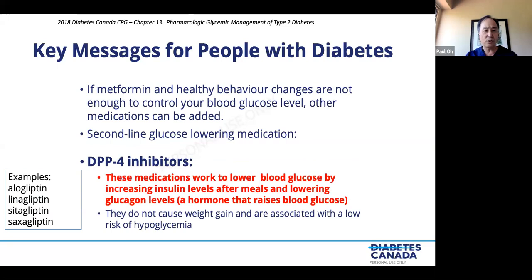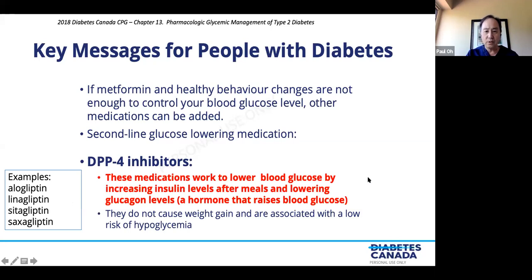So in the last decade or so, we've had the introduction of this class of medication called dipeptidyl peptidase inhibitors, or DPP4 inhibitors. Examples include these ones listed in the lower left-hand part of this slide. You'll see that they all end in gliptin, and that's how we'll recognize them: alogliptin, linagliptin, sitagliptin, saxagliptin.